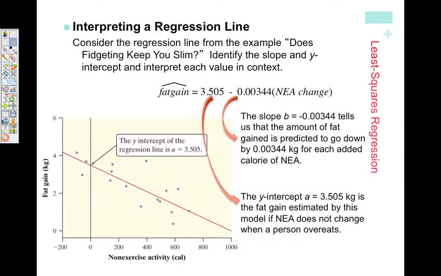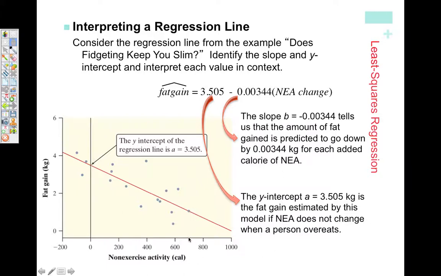So back to the basic problem here, the researchers overfed 16 people and then increased their non-exercise activity. So in this problem, for the person that doesn't have any change, they'll gain 3.505 kilograms of fat. That's our estimated fat gain.